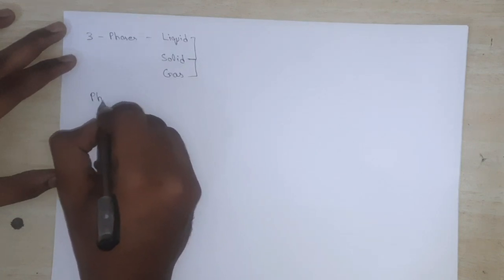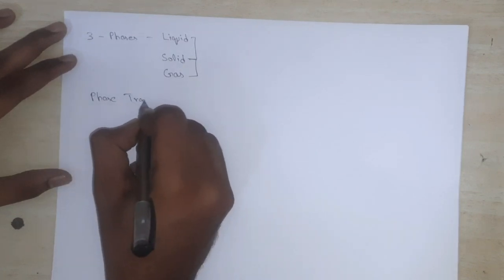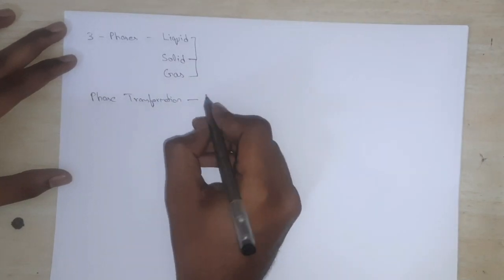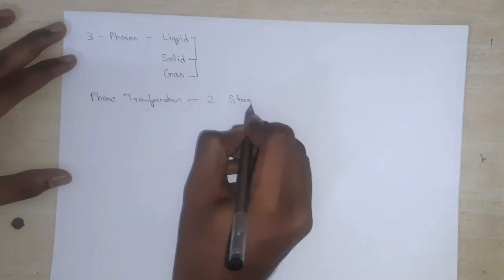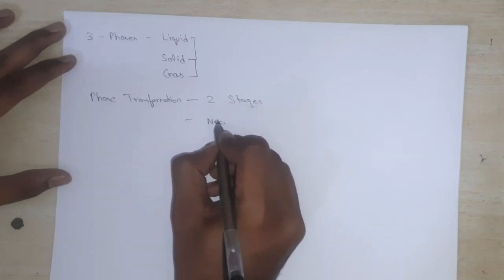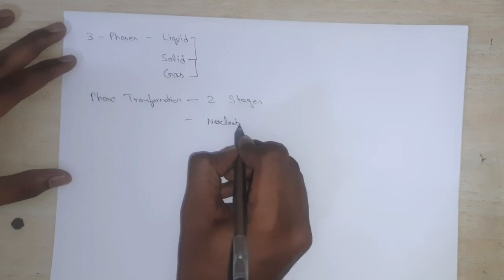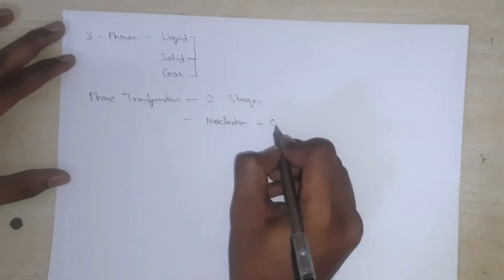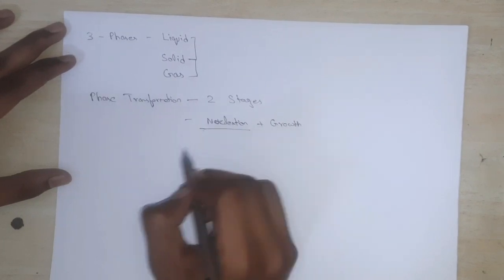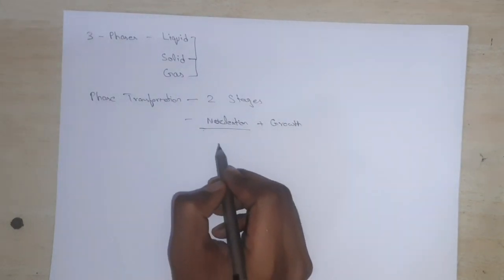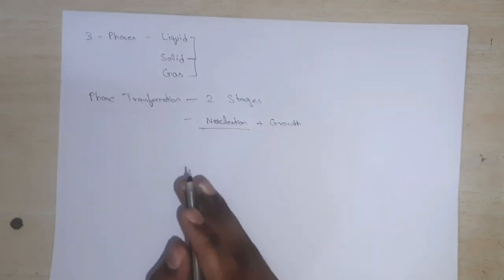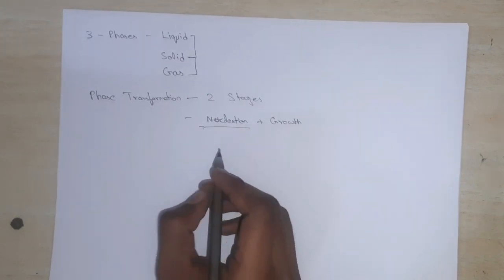So phase transformation has two stages. One is nucleation and the other stage is growth. The best example of nucleation in our daily life is the transformation of water into ice.